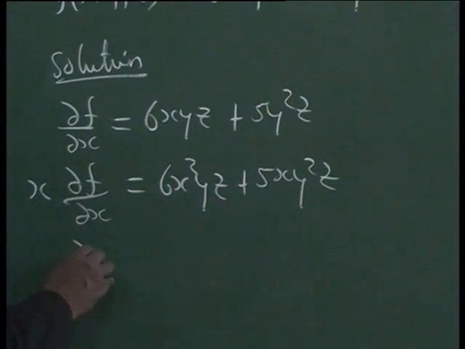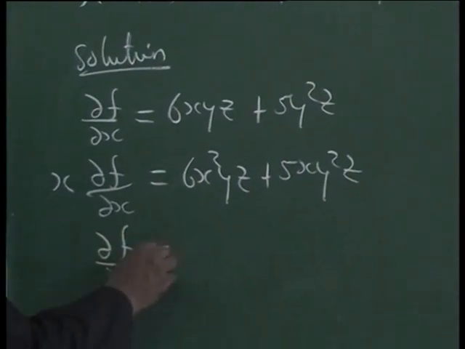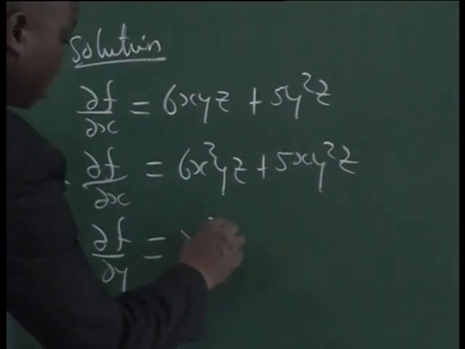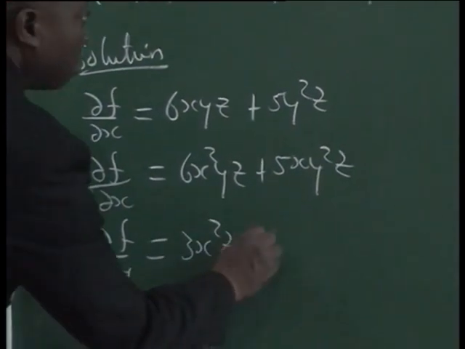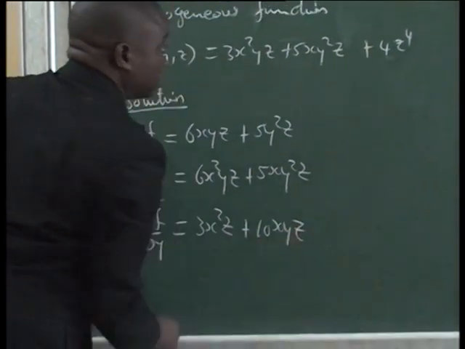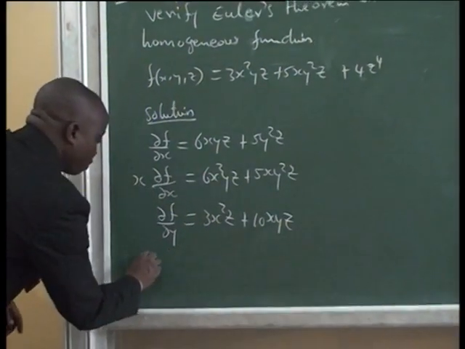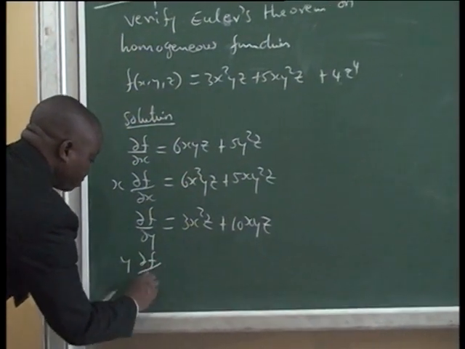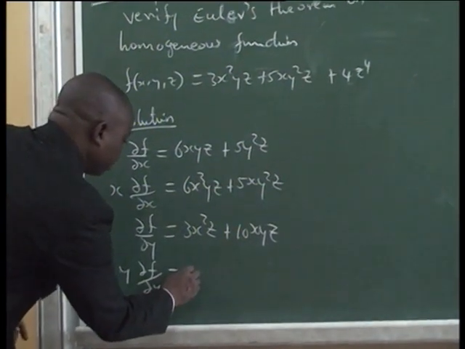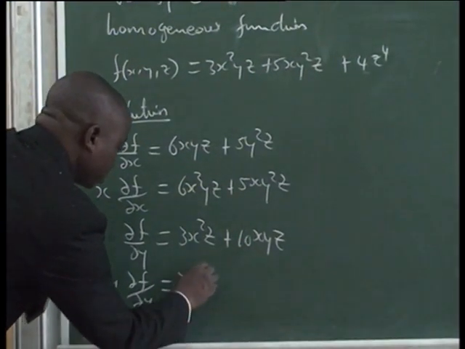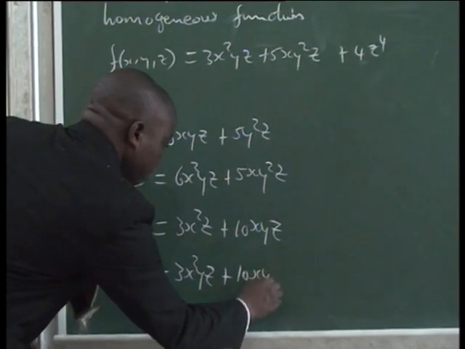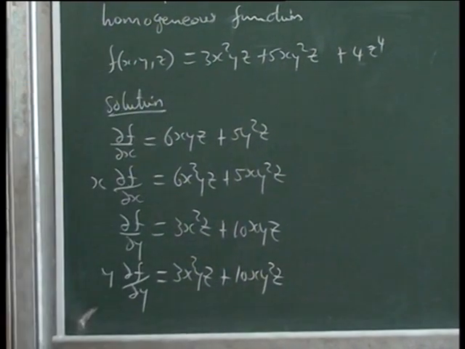Okay, we also go for partial f, partial y, and that will give us 3x squared z plus 10xyz. Then y times partial f partial y will give us 3x squared yz plus 10xy squared z. Okay.